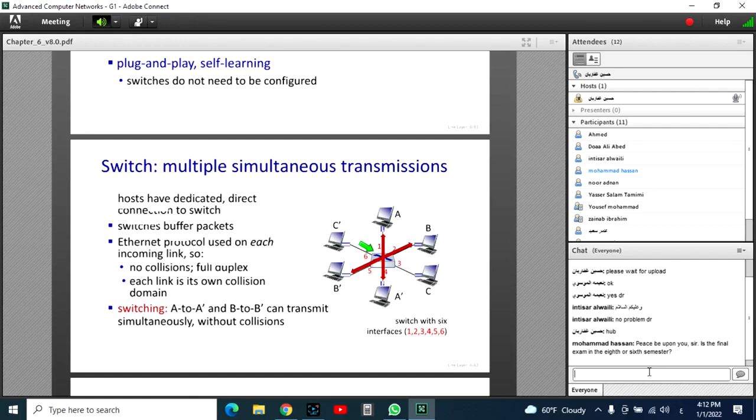As you can see in this figure, host A is connected to A prime, B is connected to B prime, and C is connected to C prime. They can send simultaneously without any collision. It's a full duplex connection.